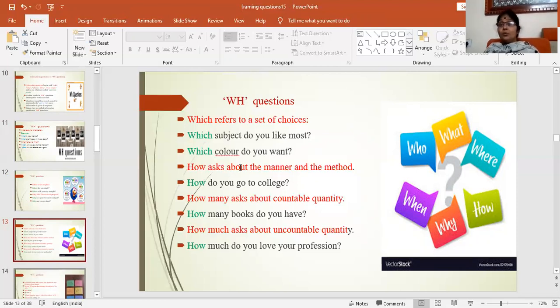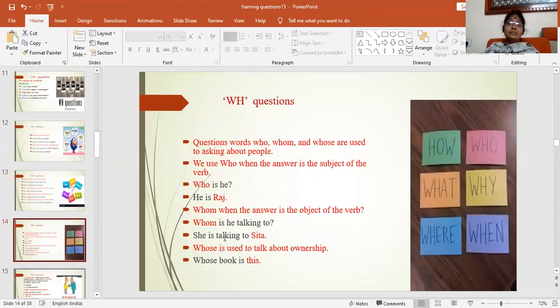How much oil do we need for this month? How much knowledge does he have? Right? So we can use how to ask about the manner and method, how many for countable quantity, and how much for uncountable quantity. Right?